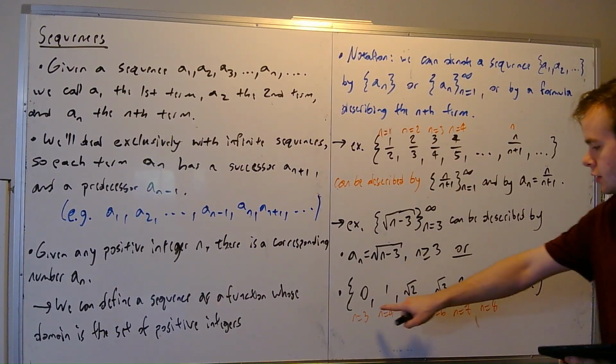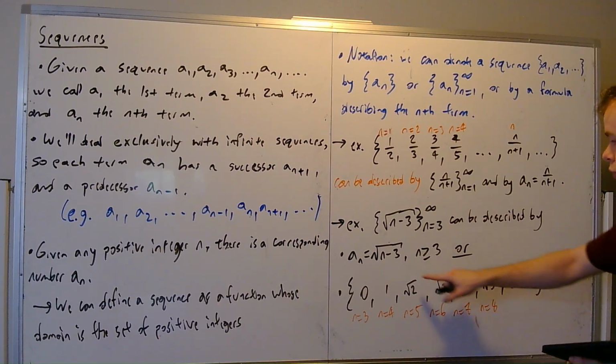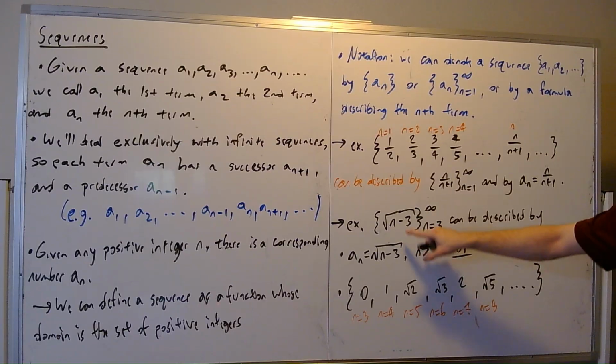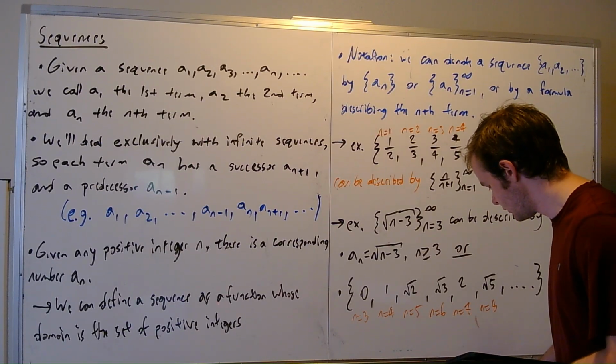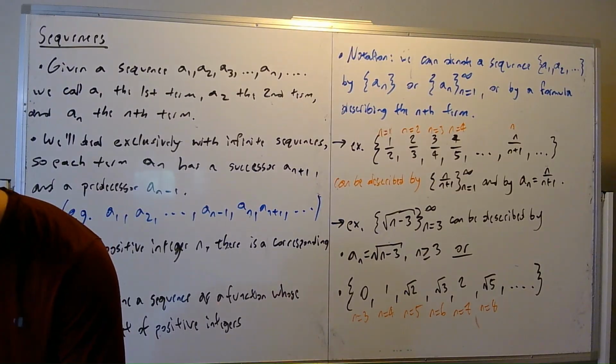So we can either describe our sequence using this list of numbers, or we can use this formula, or we can write this notation. All three of these things mean the same thing.